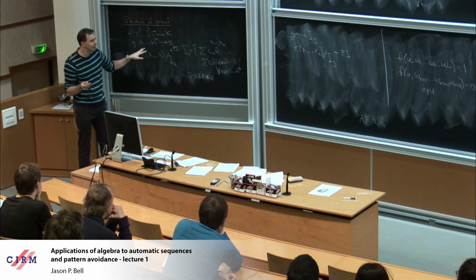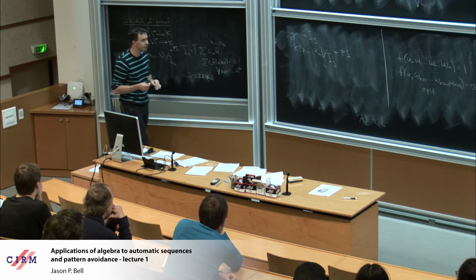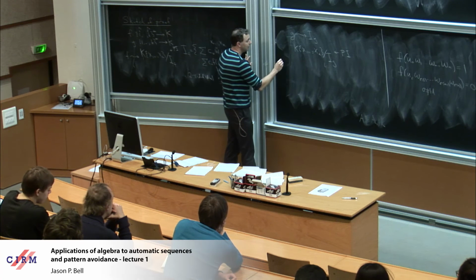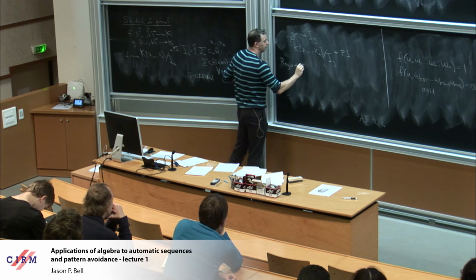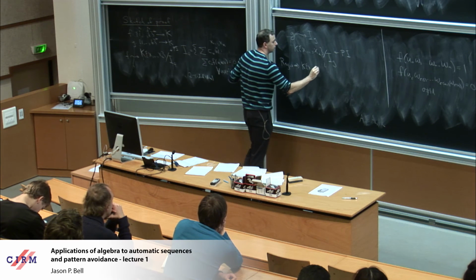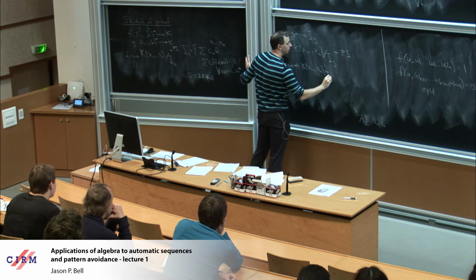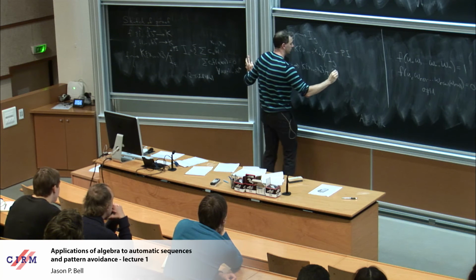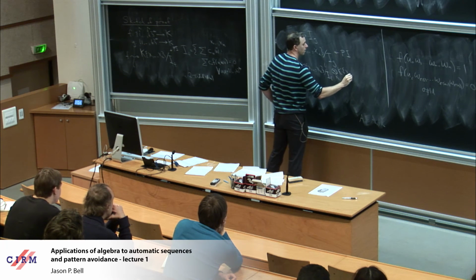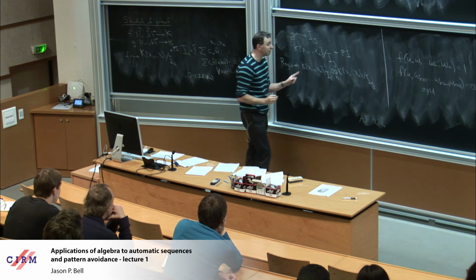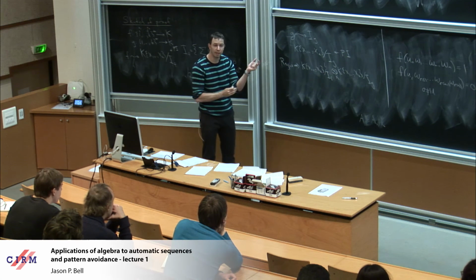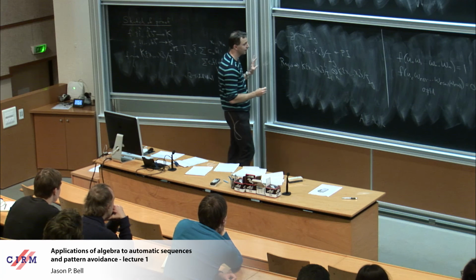That's just a routine calculation, but I don't want to spend too much time on it. And then there's Regev's theorem, which implies this algebra is PI, because it's a tensor product of two PI algebras.